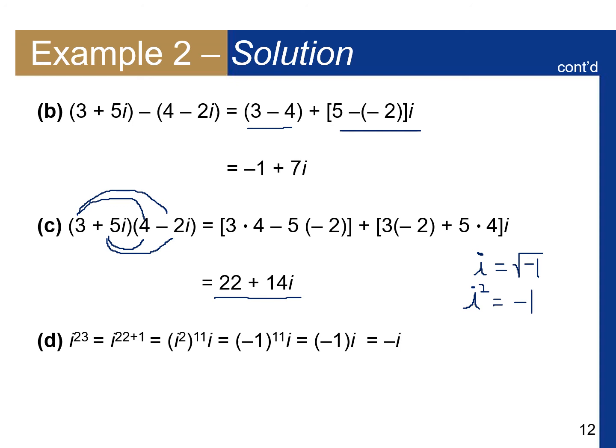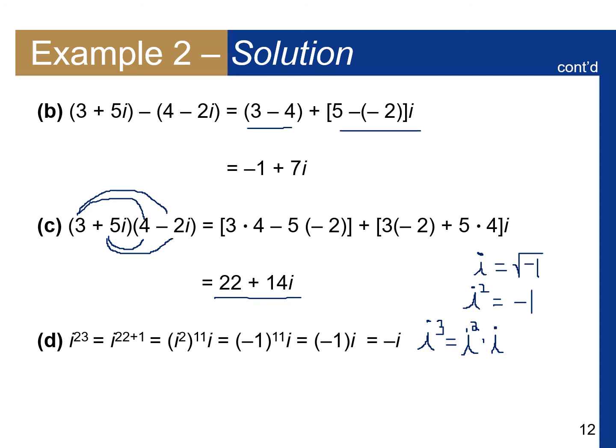Now, what would i cubed be? I'm going to move it over here to give me a little room because I have i cubed equaling i squared times i. Now you say, how do I get that? Well, it's a fact.